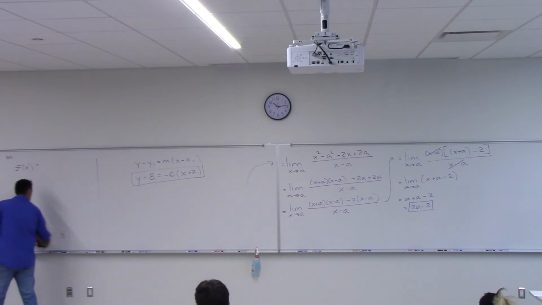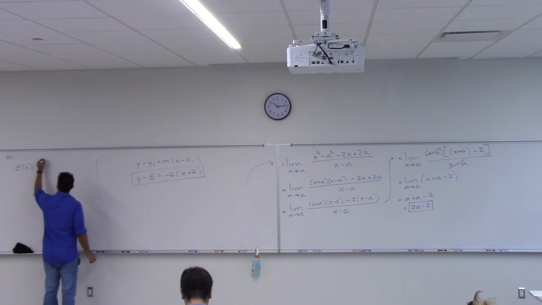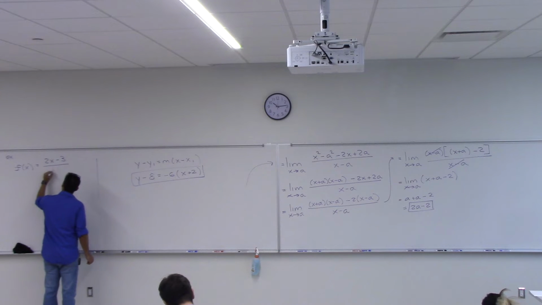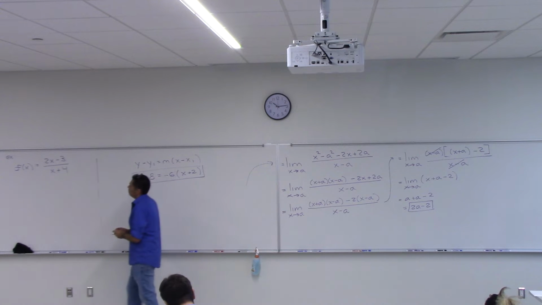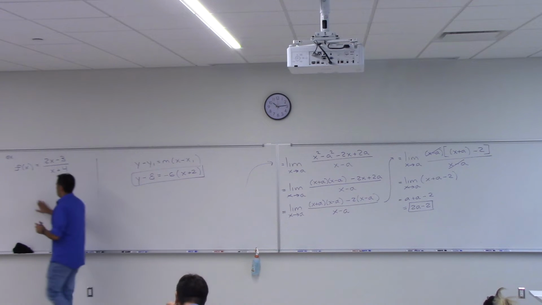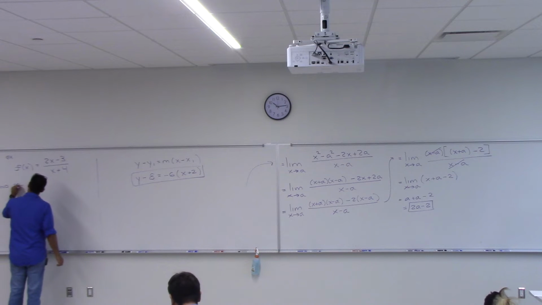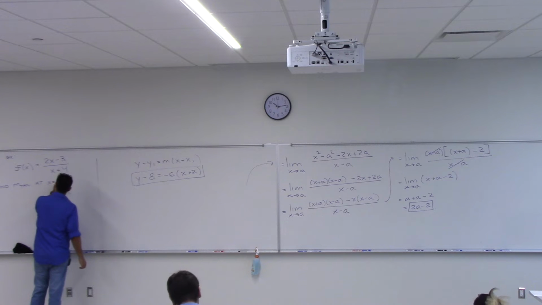So, new function. Let's try 2x minus 3 over x plus 4. What I'd like for you to do is find the slope of the tangent line at x equals a.